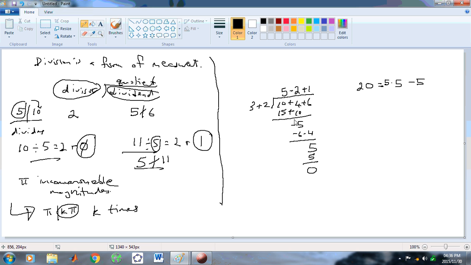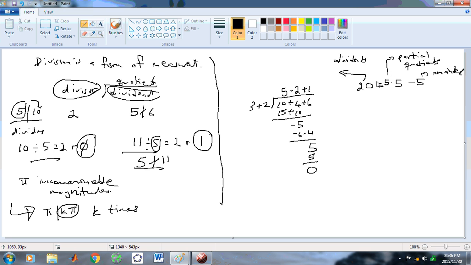Because that was the remainder, right? These here in this column will be the dividends, okay? And these here will be the partial quotients. And these here will be the remainders.